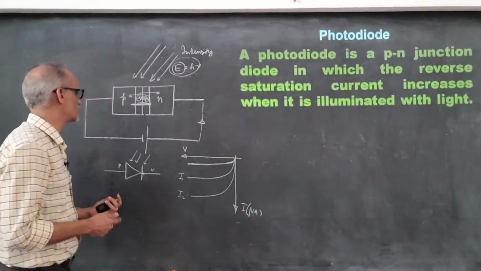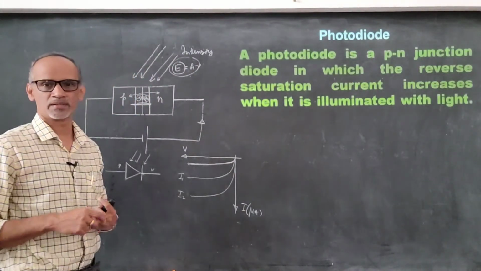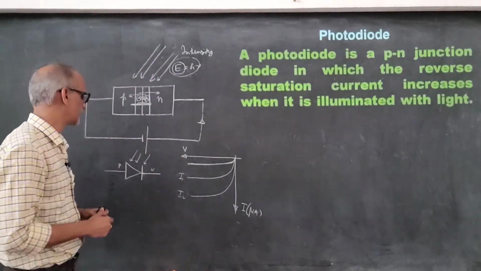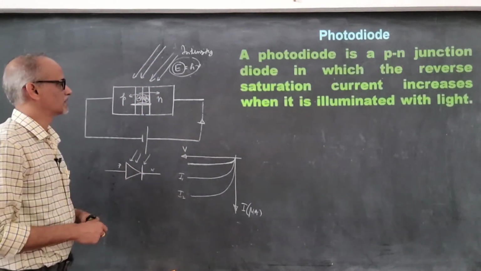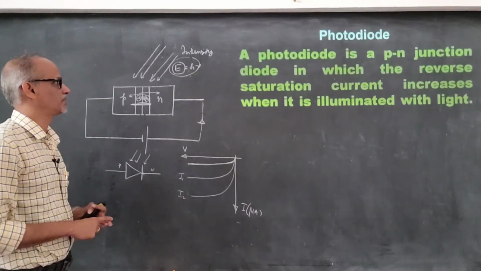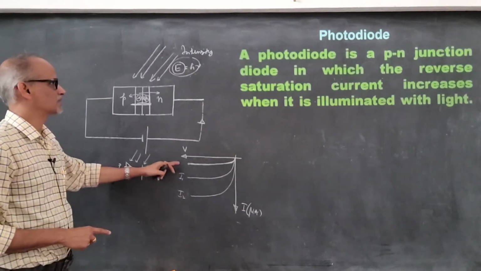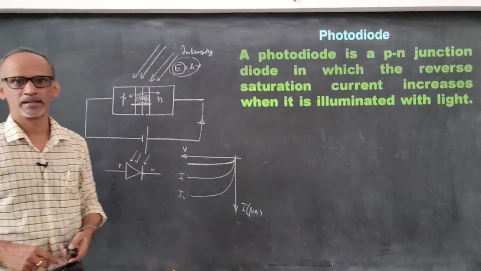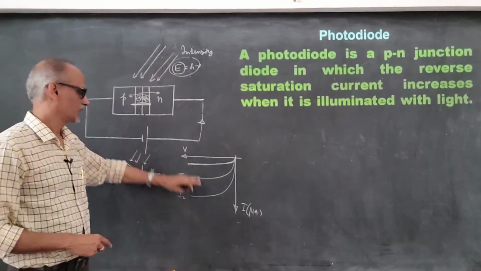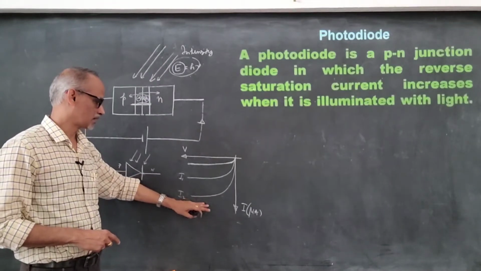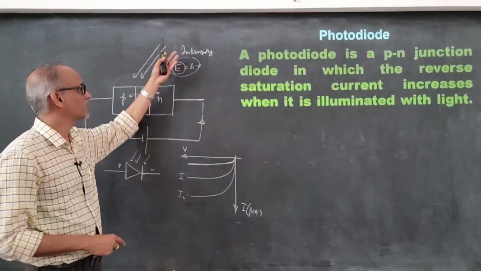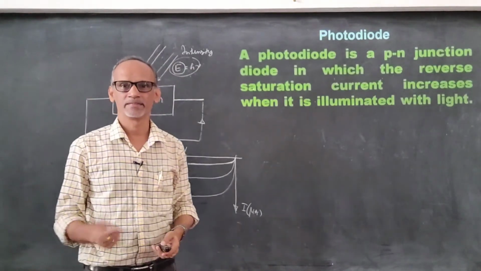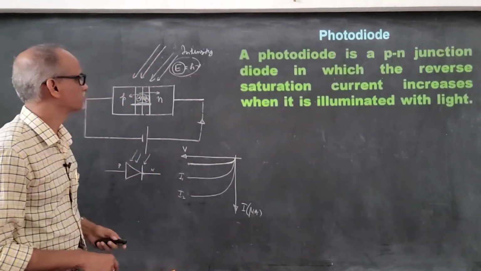We can use infrared, or even ultraviolet radiation, to detect the intensity. So what is a photodiode? A photodiode is a p-n junction diode in which the reverse saturation current increases when it is illuminated with light. The greater the intensity, the more the current, and that is the basis on which we can measure the intensity of the incident light, visible or invisible.